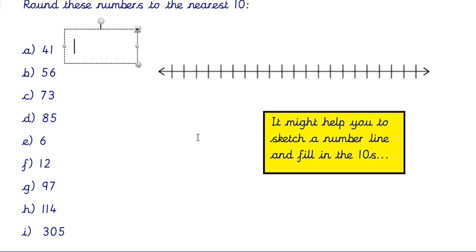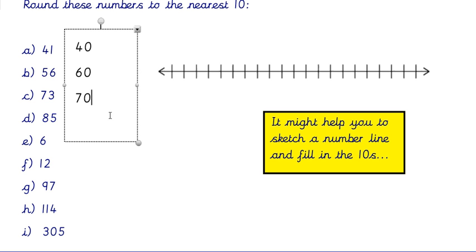Okay, in each case I'm going to look at the ones column. So 41 has a 1, it's going to round down. The nearest 10 is 40. 56, in the ones column we've got a 6, that number is going to round up to the next 10, which will be 60. 73, we round down to the number 70.